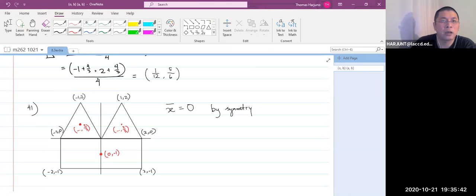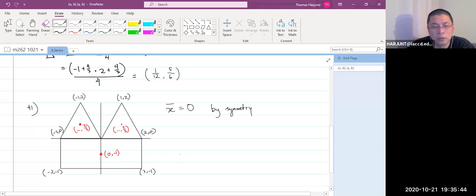Now the area of the rectangle is 4. Is it? Yeah, it's 4. The area of each triangle is 2 times 2 divided by 2. So the area of triangle 1 is 2, and triangle 2 is also 2.